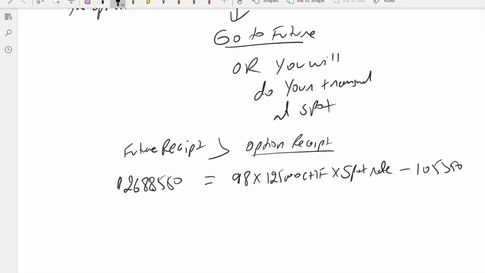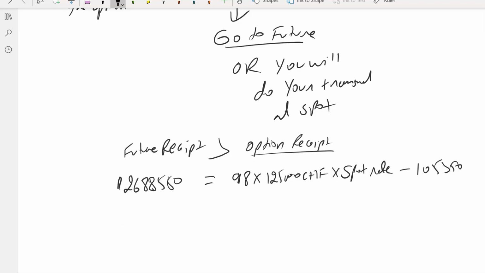And what is the case of most favorable? At least your spot rate will be that rate that your total option receipt at least equal to the future receipt. Why I'm comparing my option receipt with the future receipts? Because in comparison of the option contract, I have a future contract, and future contract is currently, it seems to be better when comparing to the option.